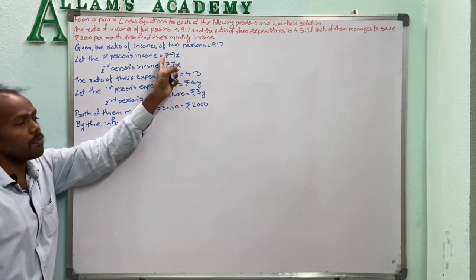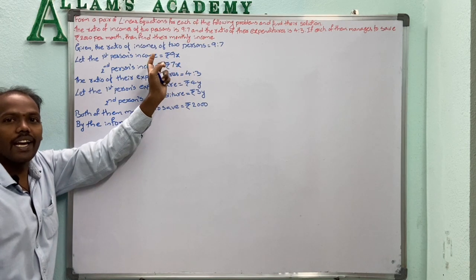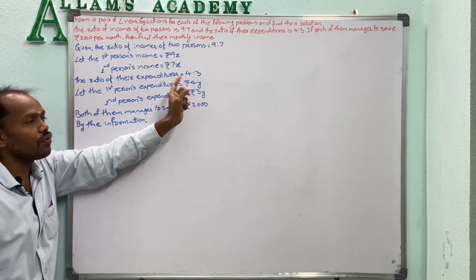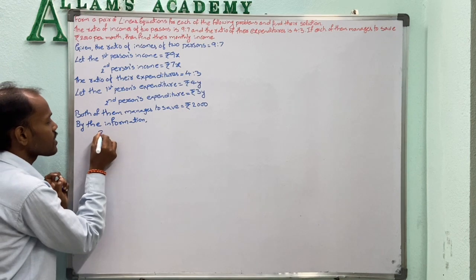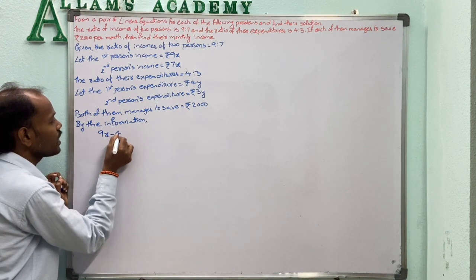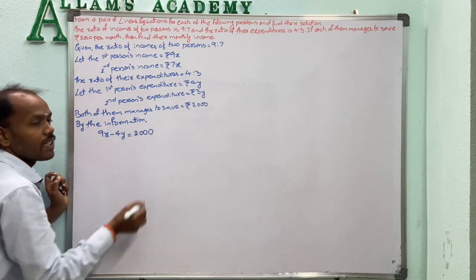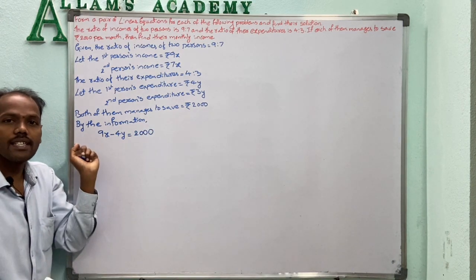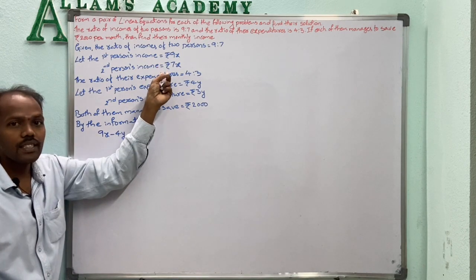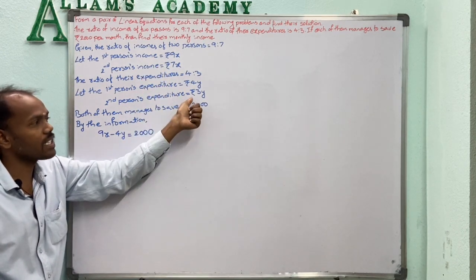the first person's income is 9x and his expenditure is 4y. So 9x minus 4y equal to 2000, and the second person's income is 7x and his expenditure is 3y.